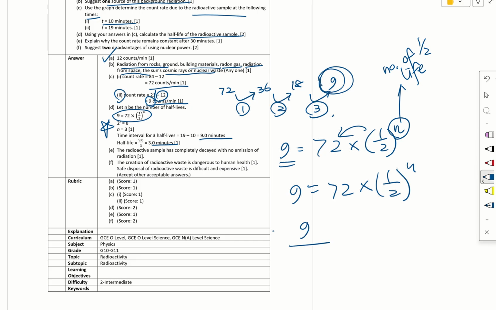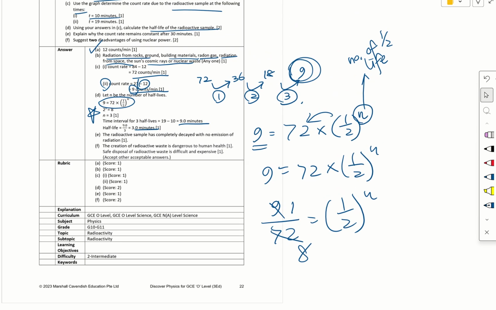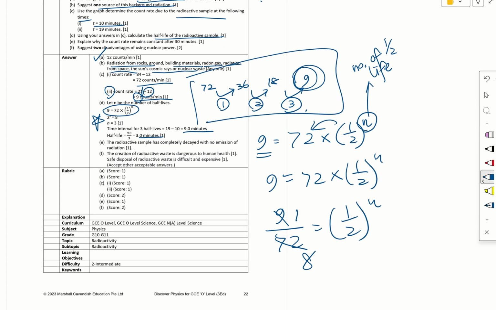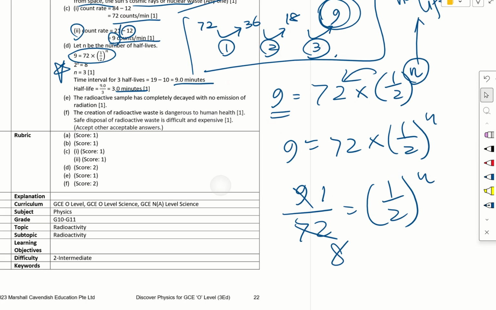So this becomes 9 over 72 equals to half to the power of n. Then you divide by 9, and you will get 1 over 8. So you have to do some math calculation for this. If not, you can always check by dividing by 2, dividing by 2. Hopefully they don't go to too many half-life.